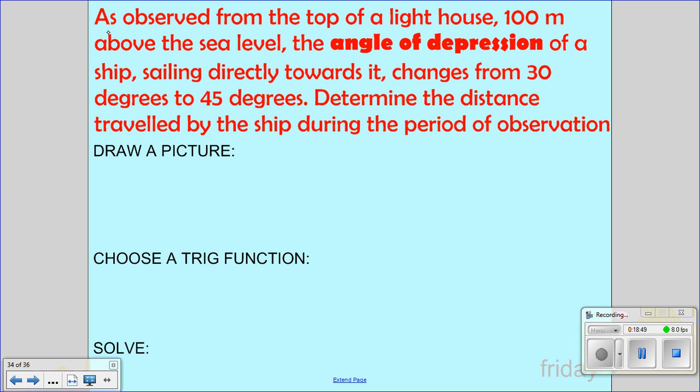So, first, since I'm no artist, I know I'm dealing with depression, right? So here's my horizon, and that's looking downward. So this would be my first triangle. This is when you first spot the ship.